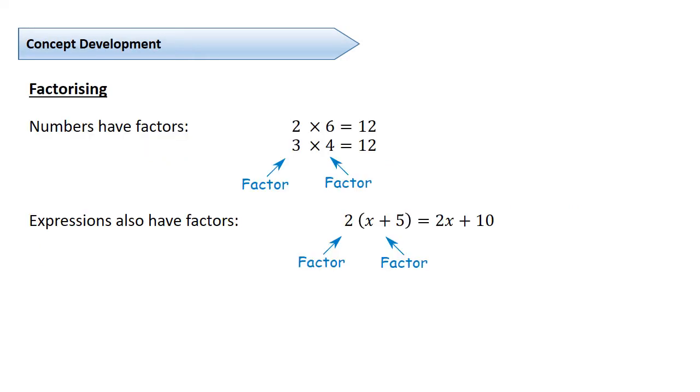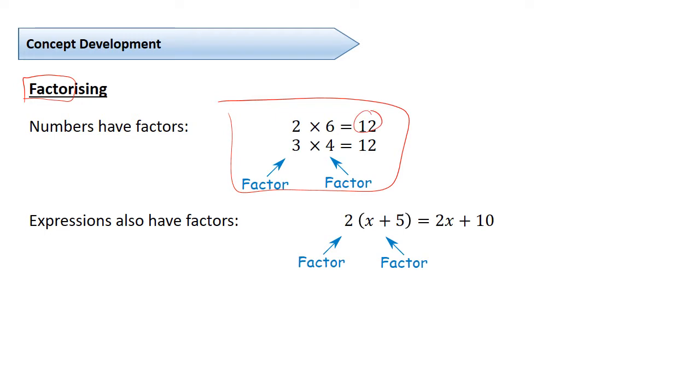Okay, so the new content for today, we're looking at something called factorising. Now, the word factor, that first part of that word should be very familiar to us. We've seen factors before, in terms of factors of different numbers, or two numbers that multiply together to give us an answer.